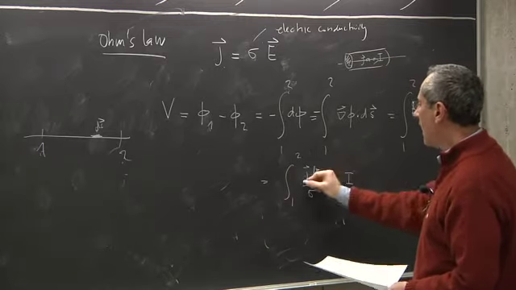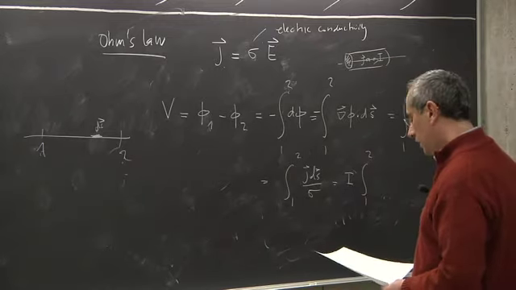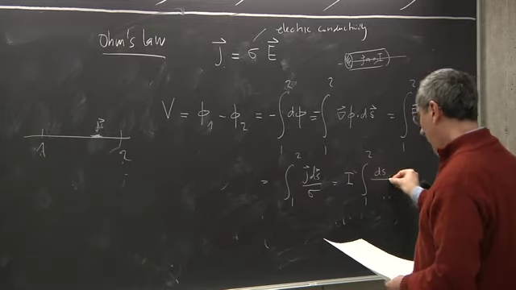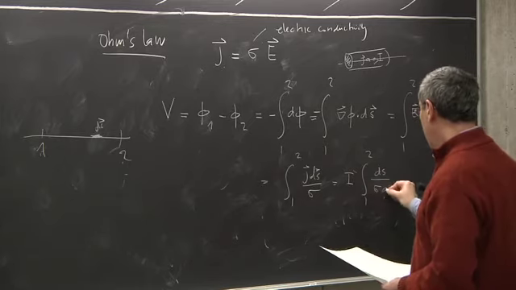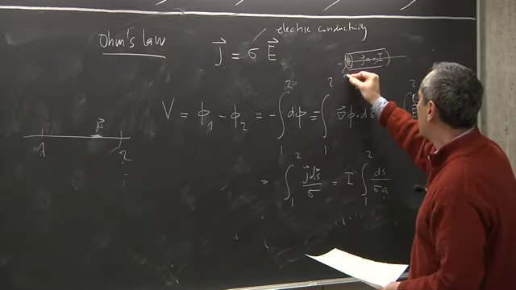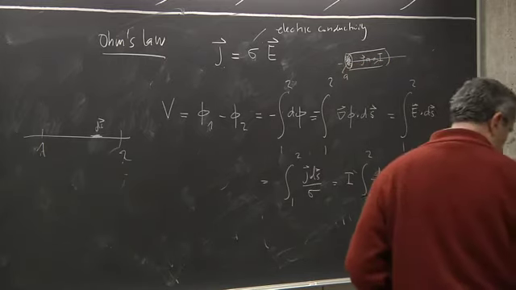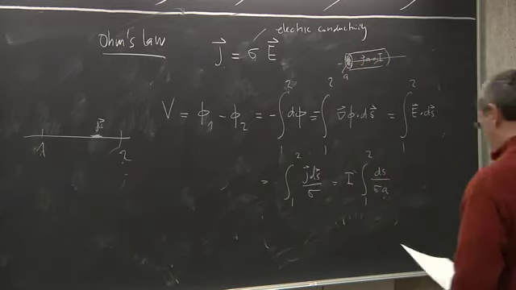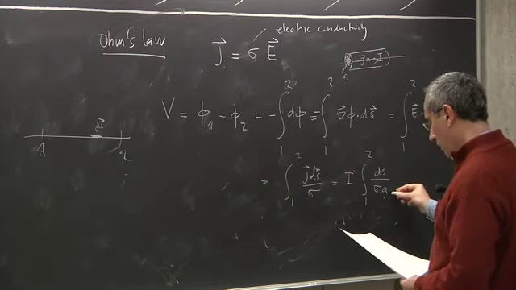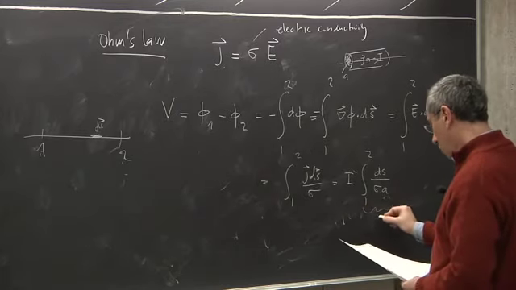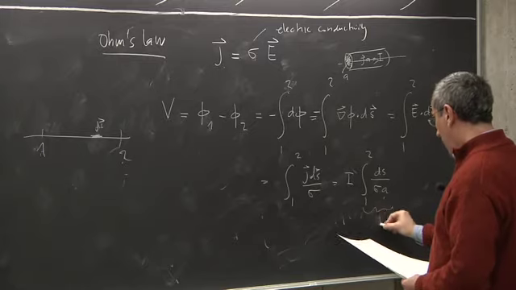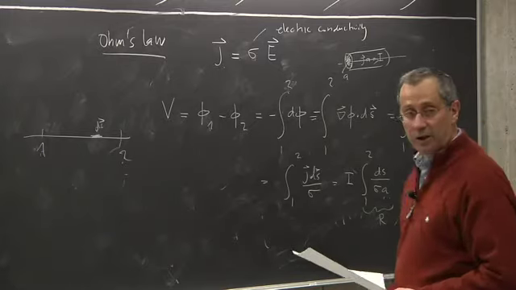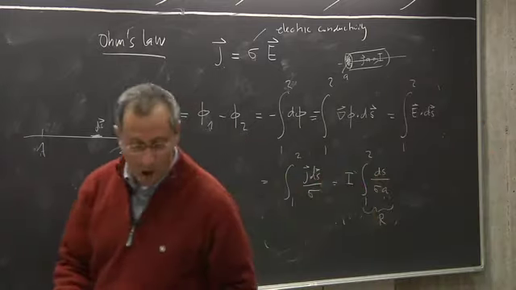So I can pull it out, and I'm left with an integral over this dl divided by sigma A, where A is this cross section. And I guess this is what you call R, the resistance of the wire.